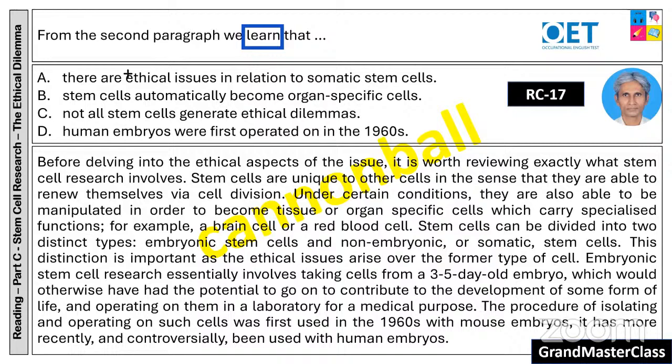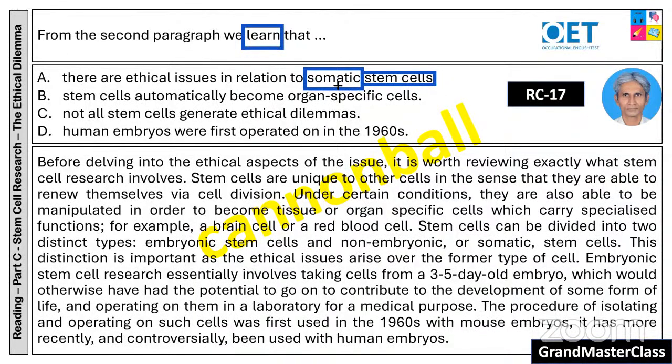There are ethical issues in relation to somatic stem cells. So there is one type of cell called somatic type of stem cells.